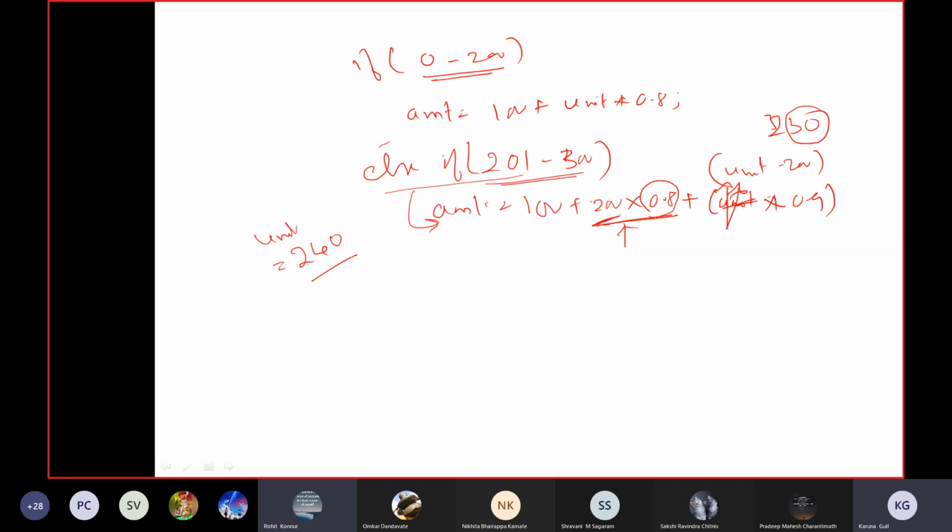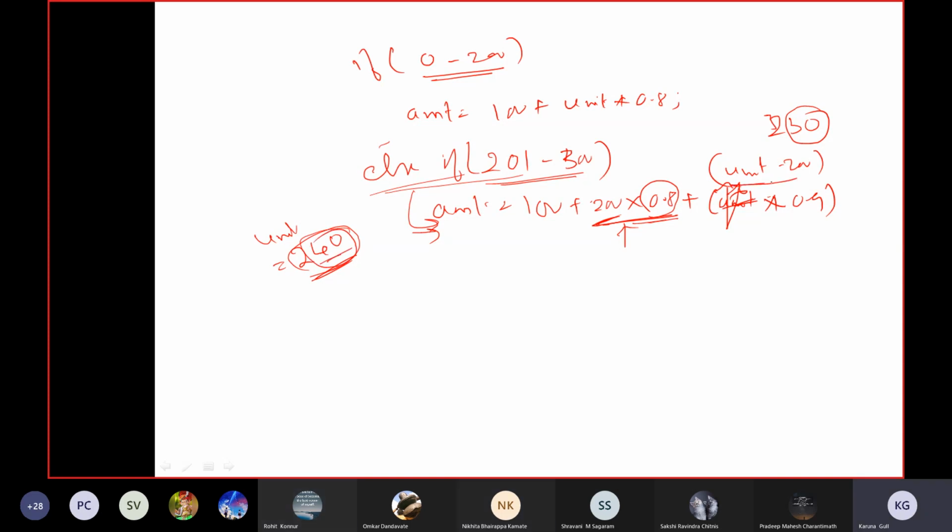Let me take it as 240. Then only I'll go to else if, no? In this case, for 200, I'll be paying only 80 paisa. So what is left out? 40, into 0.9.